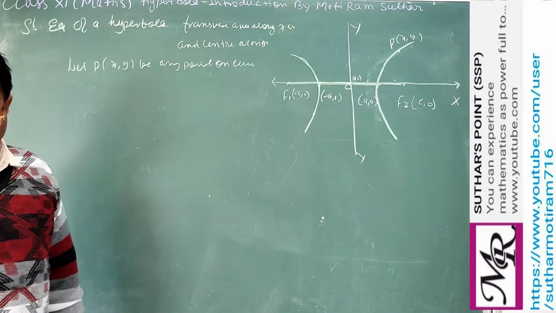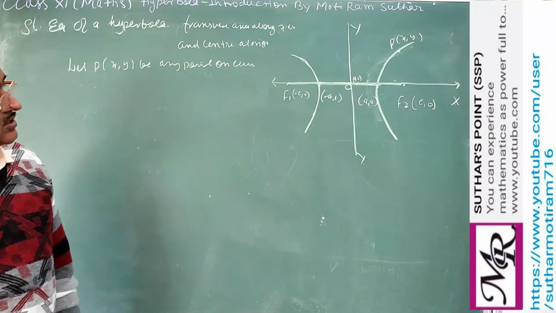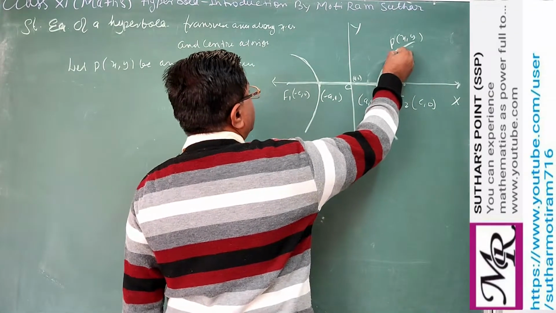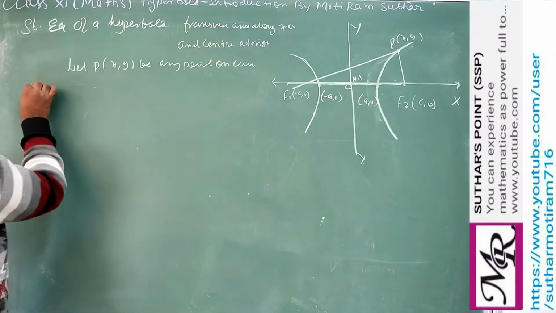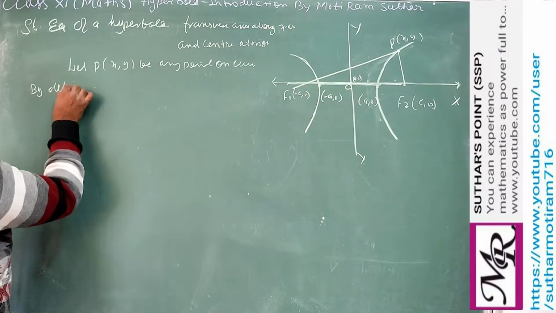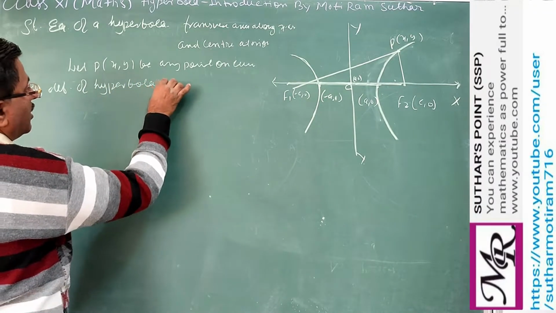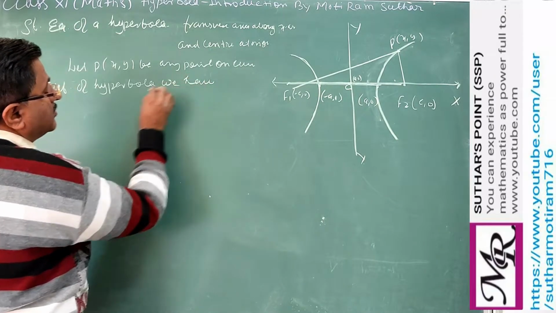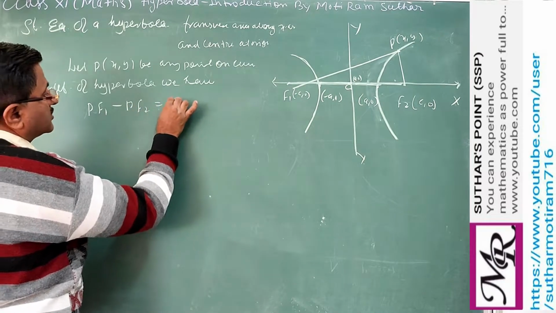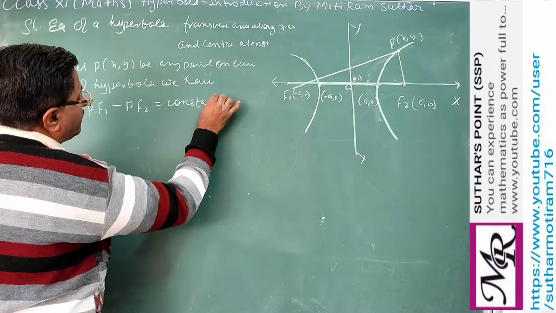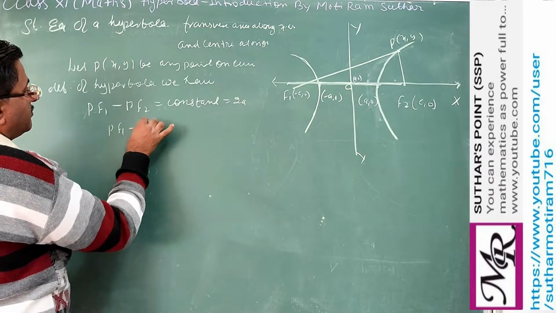Now by the definition of the hyperbola, for any point P, its distance from the foci gives PF1 minus PF2 equal to a constant, and in the previous topic we already proved this constant is 2a.